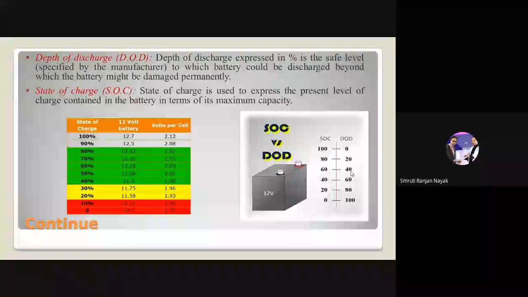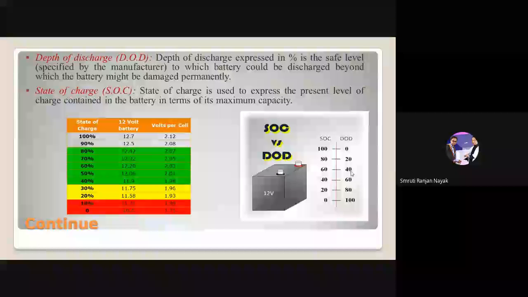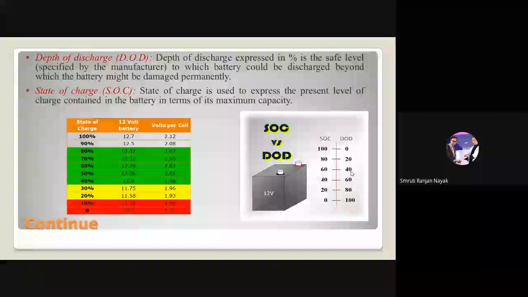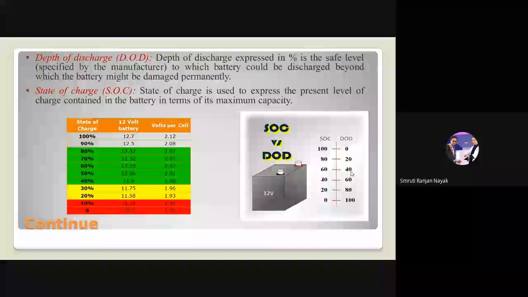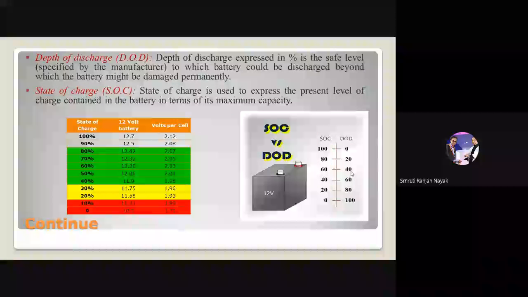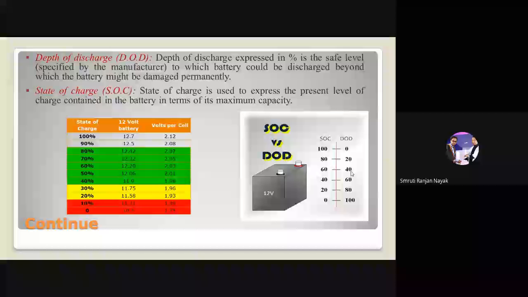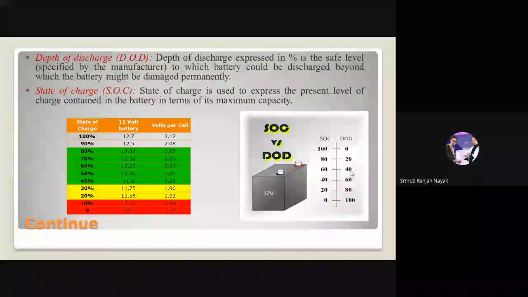Acha. One thing is that in your mobile, when your mobile shows a red percentage, that means your battery discharge level has come to 20%, and there will be a red mark. At that time we can say that you have already used 80% of your power. Only 20% is remaining.